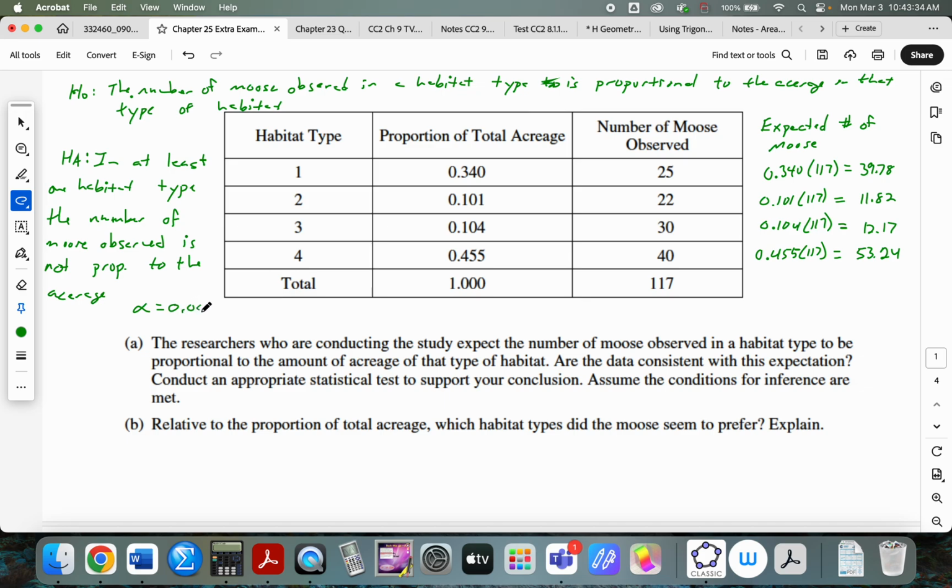We'll set our alpha level at 0.05 because I don't see any reason not to. The degrees of freedom is 3. Oh, I guess I should write that this is a chi-square test, or a chi-square goodness of fit test.